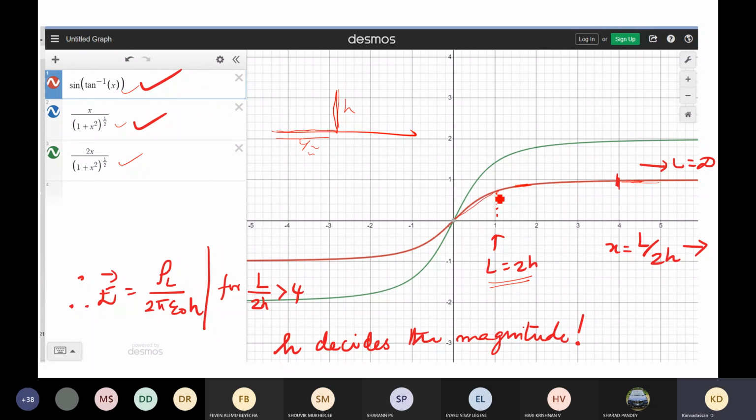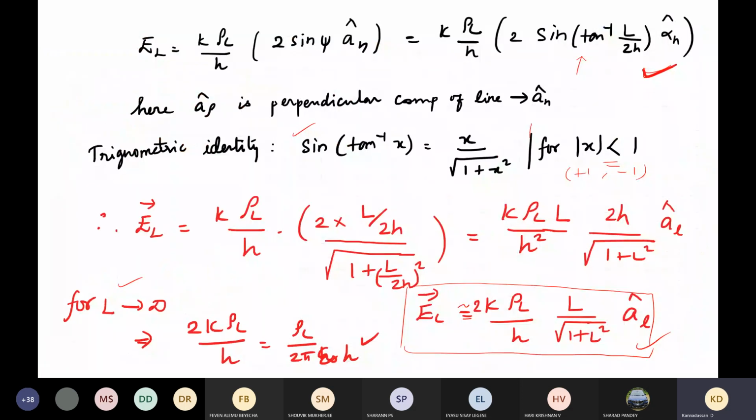Up to there, the electric field increases linearly. After that, the electric field starts to slow down, which means it starts to saturate and become almost constant. This constant continues up to infinite length, and it is supposed to be the magnitude of about 1 time.